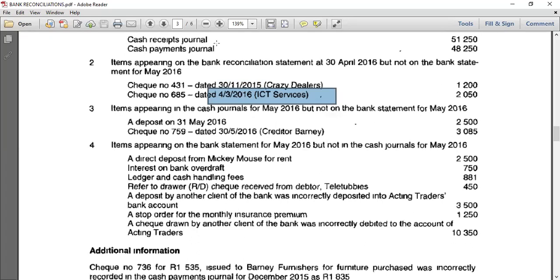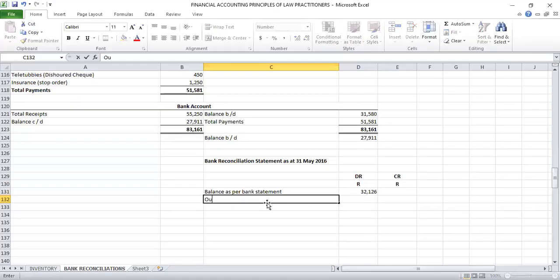Right. So we have outstanding checks. The first one is no longer outstanding, so we'll start from the second one.